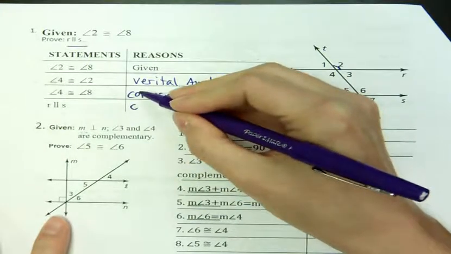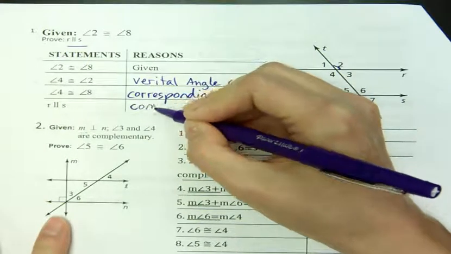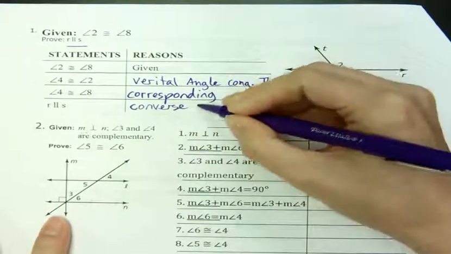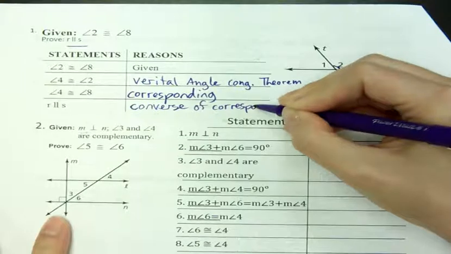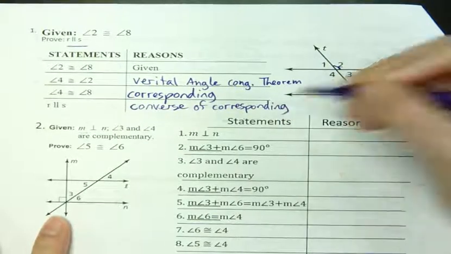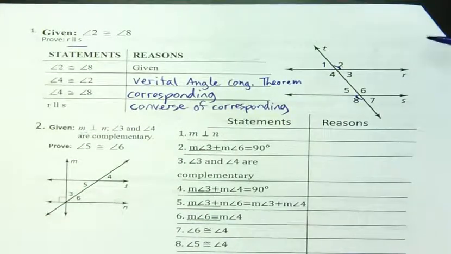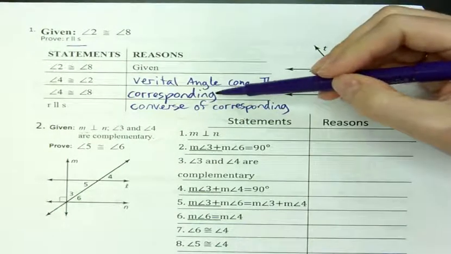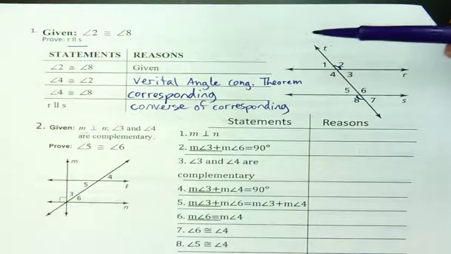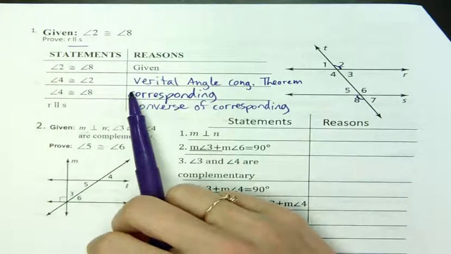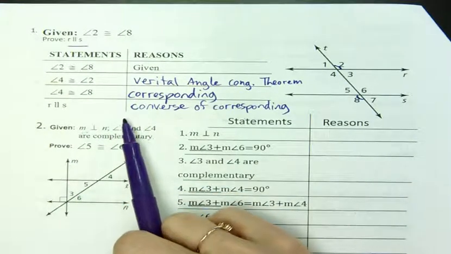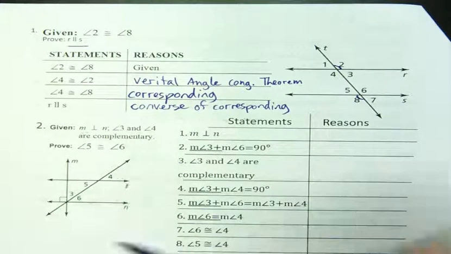So converse is when I'm going from the angle to the parallel. And so I just proved that those are corresponding angles, and because they're corresponding angles, they're congruent, I know the lines are parallel. So you put that word converse in when you're going from the angles to the parallel line.